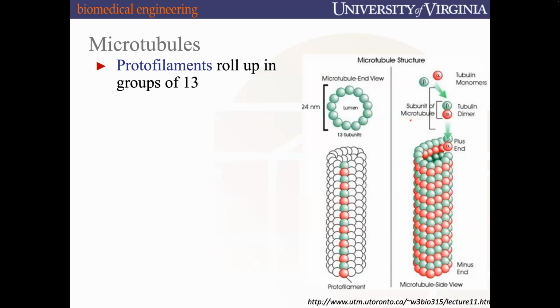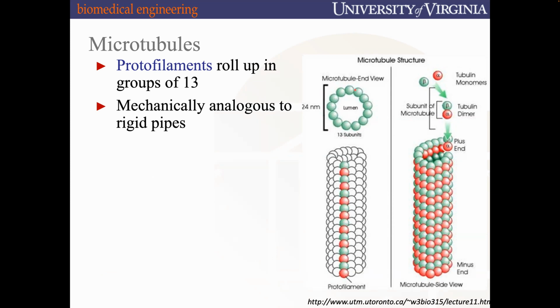In terms of microtubules, this slide might look familiar from the pre-lecture. These are protofilaments that are rolled up into groups of 13. So around this circumference here, there should be 13 of these, and the tube-like structure, the protofilament rolling onto itself like this, creates a really rigid structure.